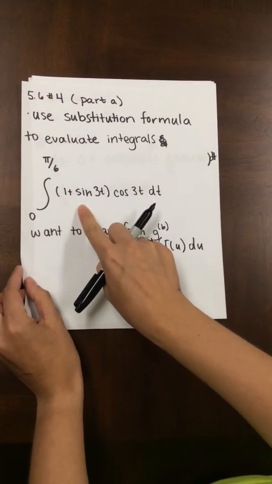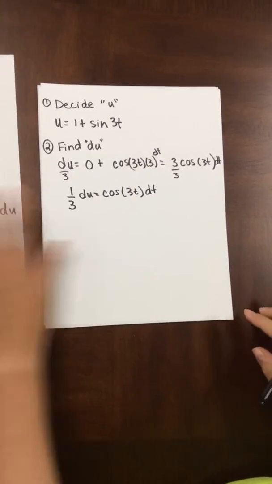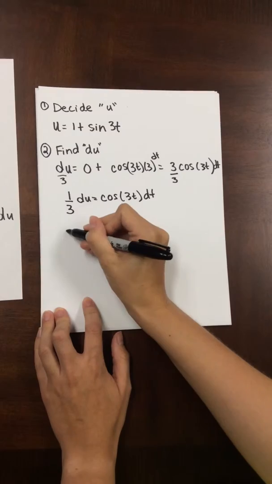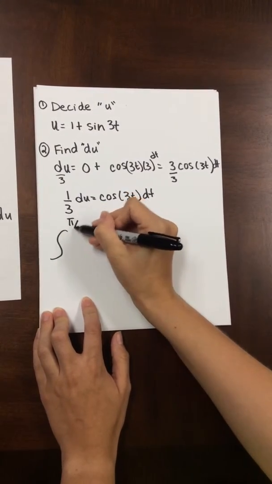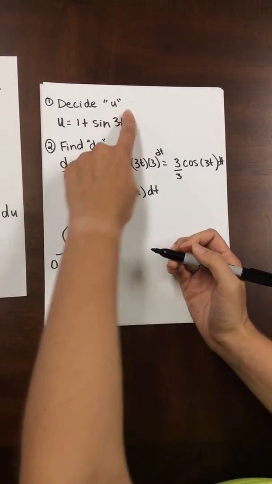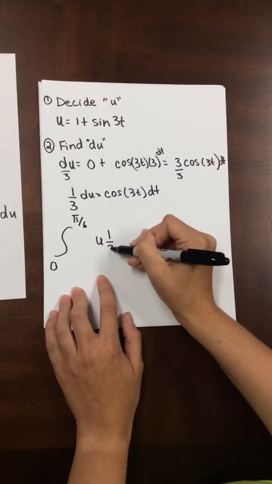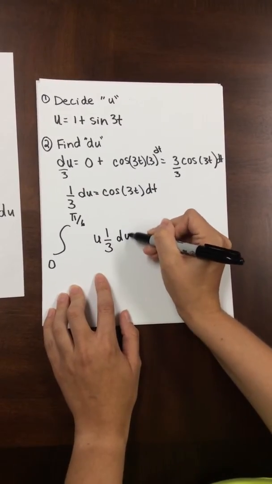Knowing this, we can use our substitution, and from pi over 6 to 0, we have u times 1/3 du.